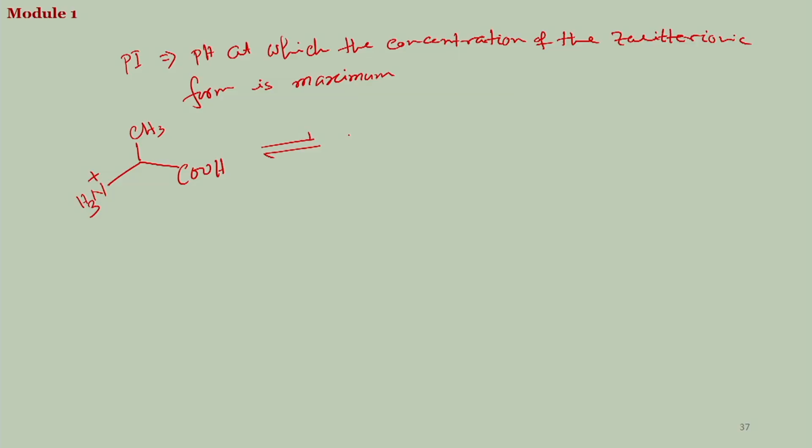Then after a certain pH, what will happen? This is an acid which has a low pKa value, so that will be deprotonated first. You will get this negative charge here. This is the acidic group, more easily deprotonated. So, this is known as pKa1, the first pKa.